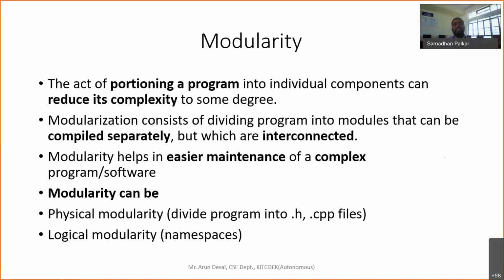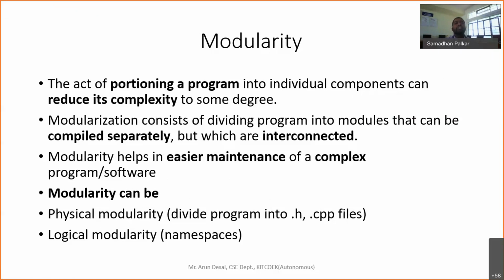So next is modularity, right? Now modularity is decomposing the thing, which is simply called modularity. So it is the act of portioning, or you can say partitioning, a program into different individual components. Why are we partitioning a program?